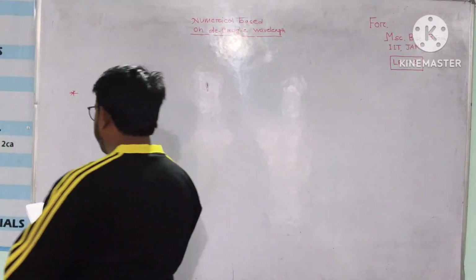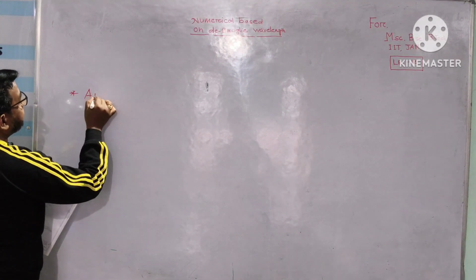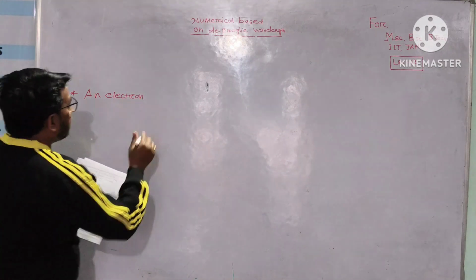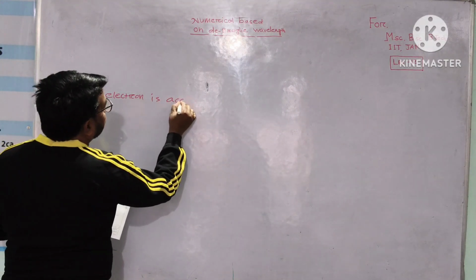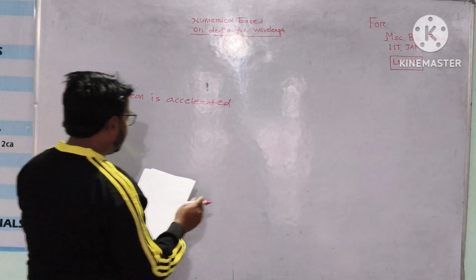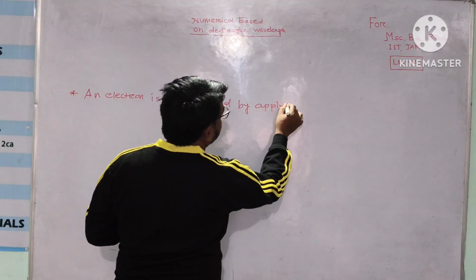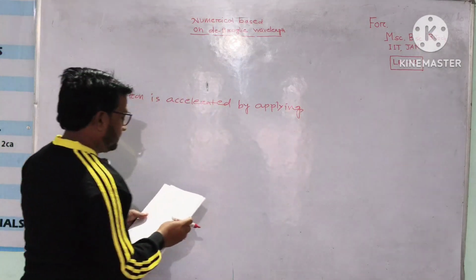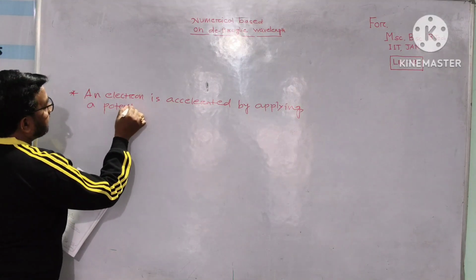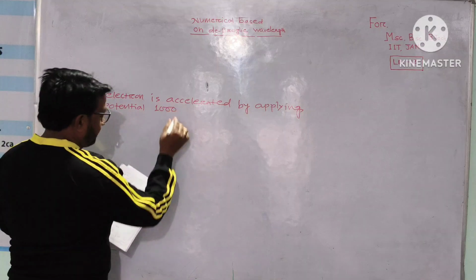Next problem is: an electron is accelerated by applying a potential 1000 volt.